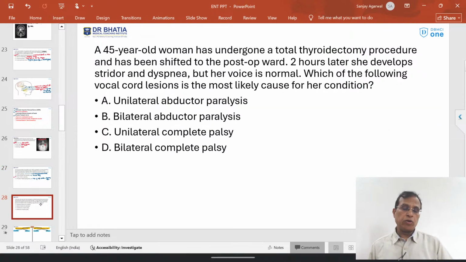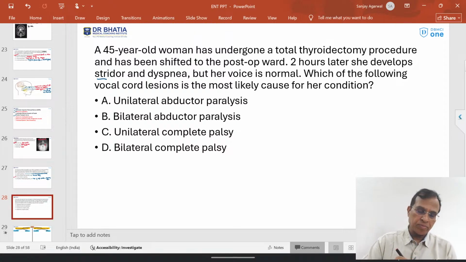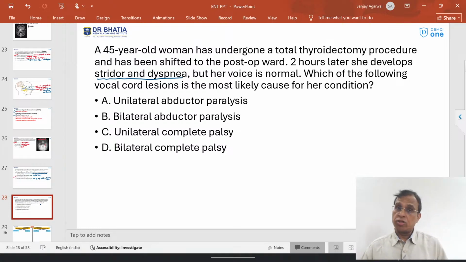A 45-year-old woman has undergone a total thyroidectomy procedure and has been shifted to the post-op ward. 2 hours later, she developed stridor and dyspnea, but her voice is normal. Which of the following vocal cord lesions is the likely cause for this condition?